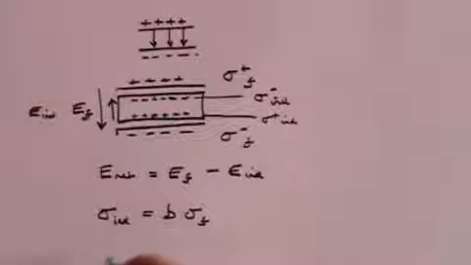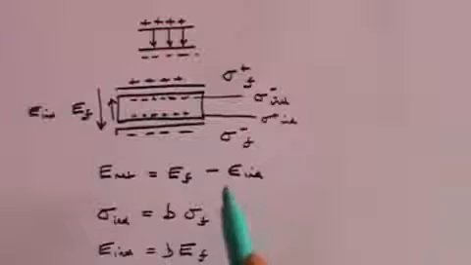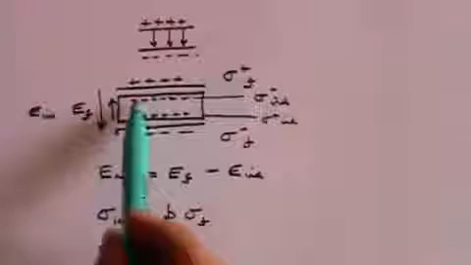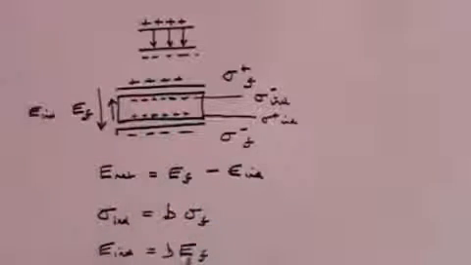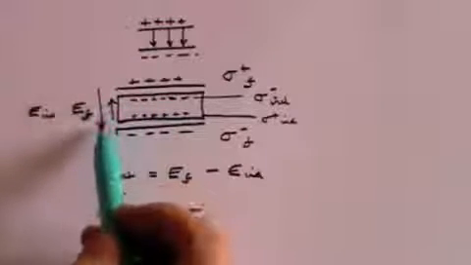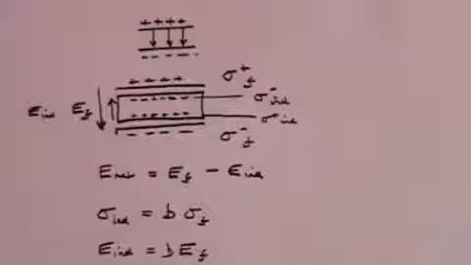Well, if that's the case, you can also say that E induced equals B E free. In other words, the induced field between the edges of the dielectric is a direct proportion of the free field between the plates, since the strength of the field is proportional to the amount of charge. You'll be able to see that in my video on fields in the A-level revision series.